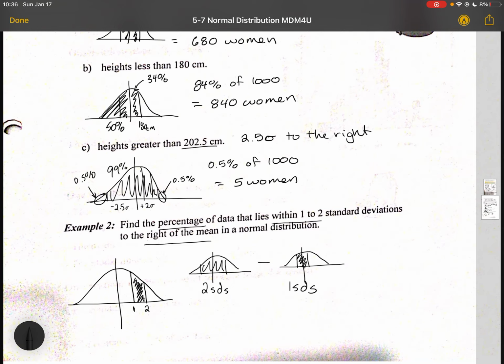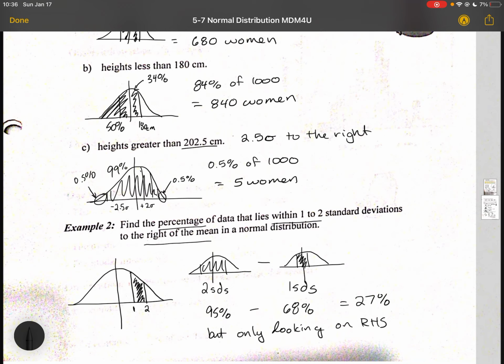And what that's going to leave me with is the difference between the two. But it's going to leave me with a difference on both sides, and we'll show that in a minute. So if I do 95% minus 68%, that is going to leave me with 27% of the data left over. But we're only looking on the right-hand side, and this method gives me the total on both sides.